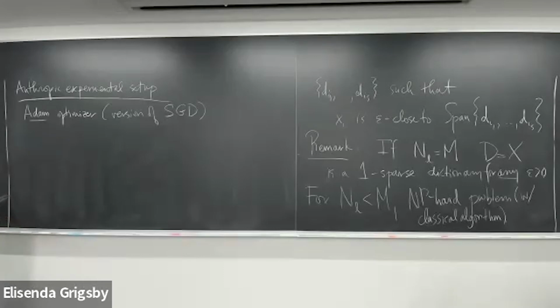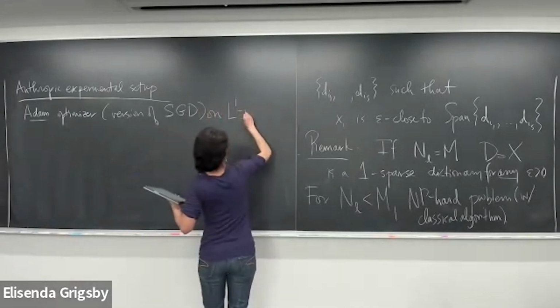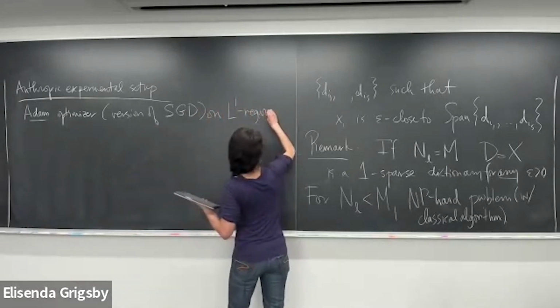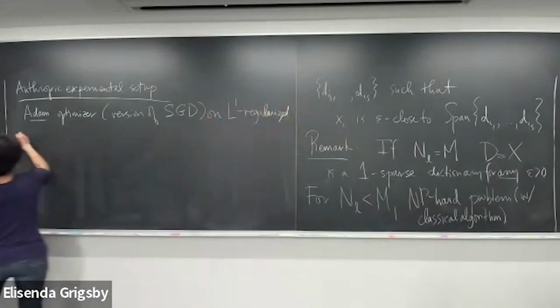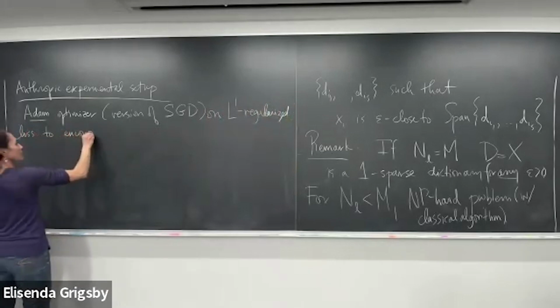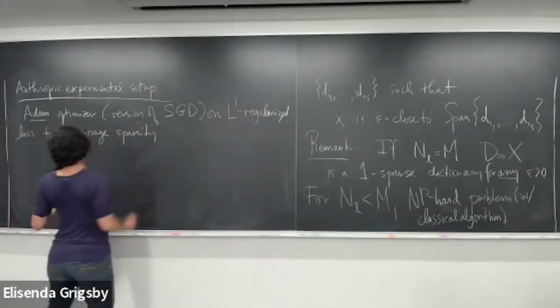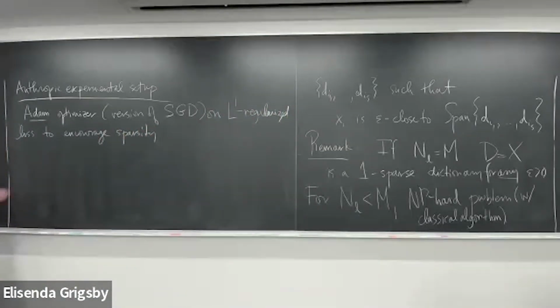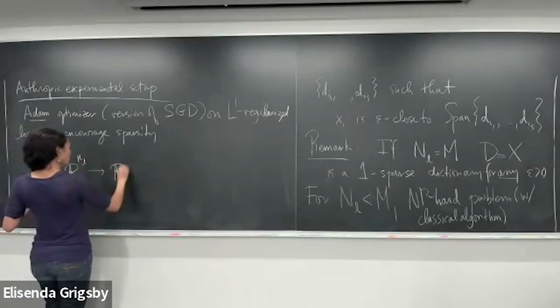So a gradient-based optimization algorithm on an L1 regularized loss, to encourage sparsity. And essentially what they were doing is constructing, for each layer, so let's just look at a particular one.